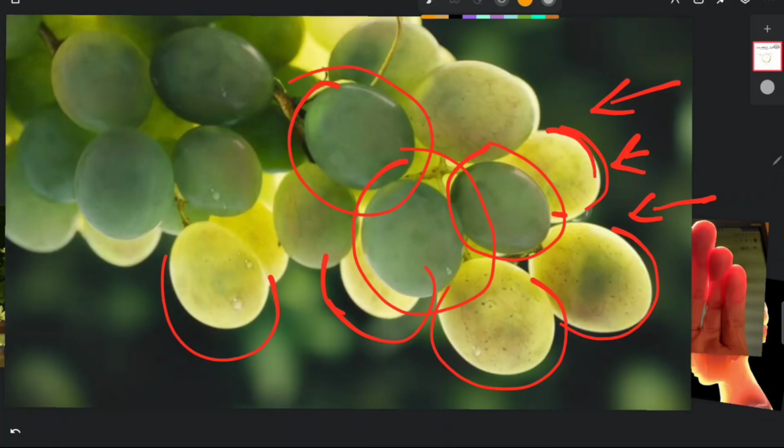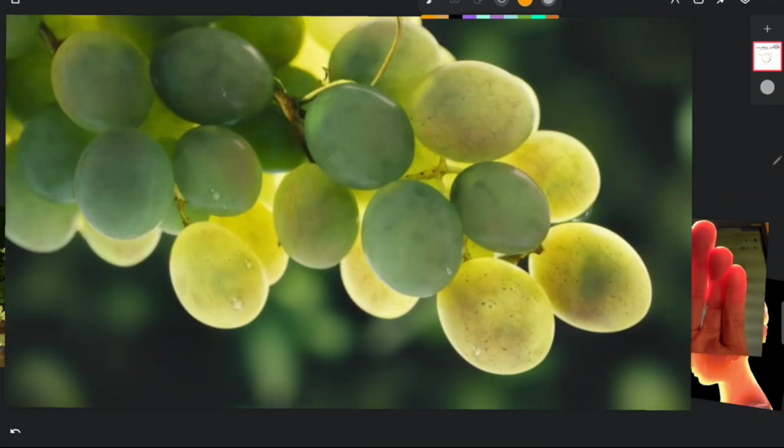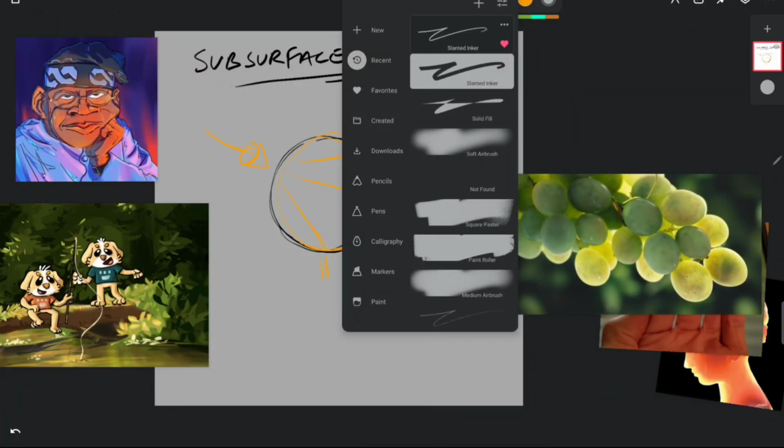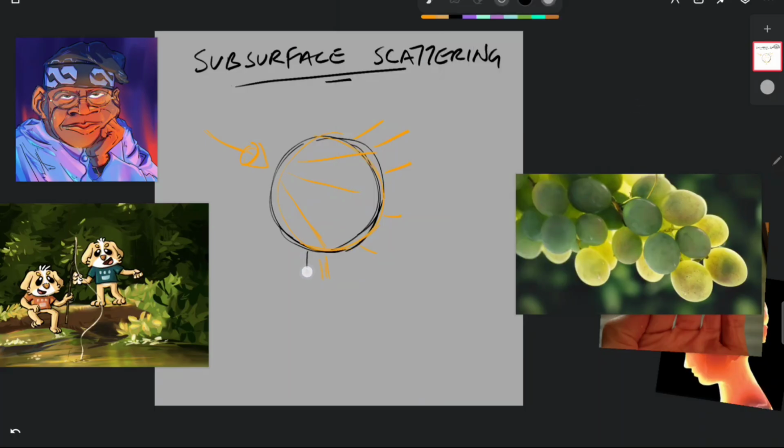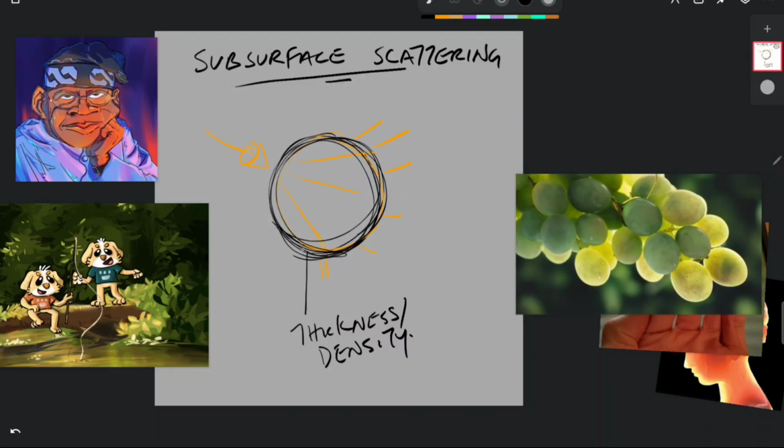One thing we must understand is the intensity of how the surface of the form or the object scatters depends also on the thickness or density of the given object. So take note, it depends on how strong the density or thickness of the object is.